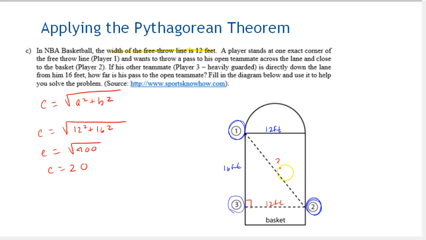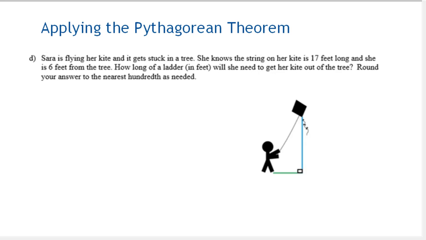So that means this distance that he'd throw the pass is 20 feet. And we'll write that as a sentence. The distance is 20 feet. Okay. So this was an application where we were given two legs of a right triangle and we wanted to find the hypotenuse. Let's look at one more.